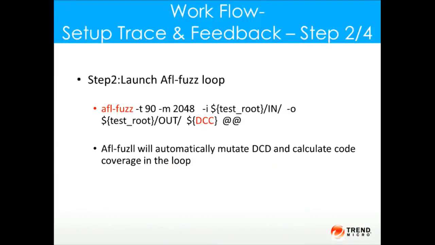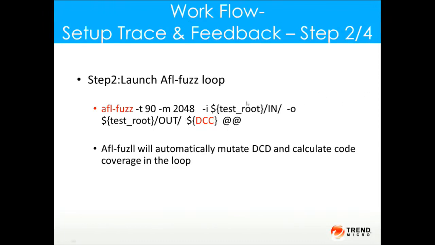And as the step 2, we will set up trace and feedback using AFL. Actually, we will use AFL fuzz to launch our DCC application with specific parameters. For example, T means time for a cycle of fuzzing. It means 90 seconds. And M means memory, reserved memory for the virtualization VM.